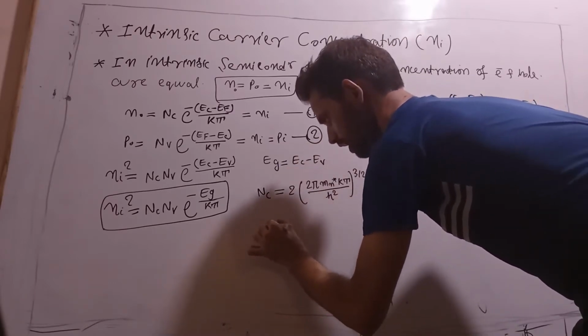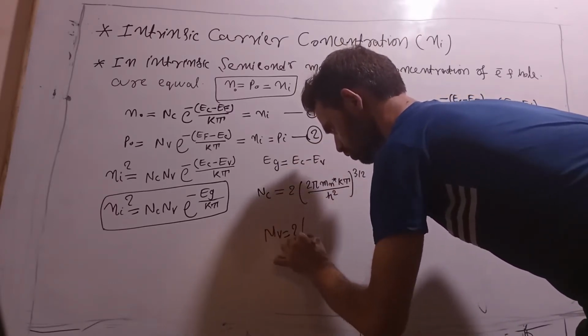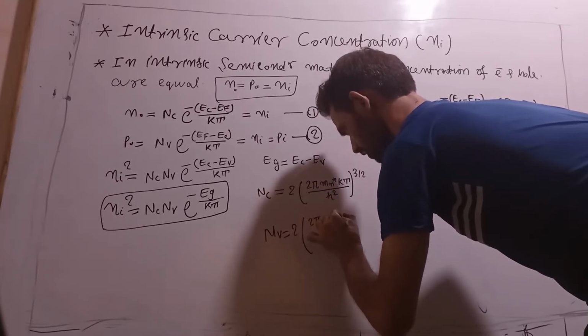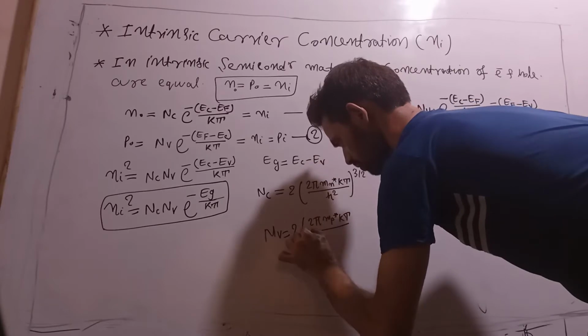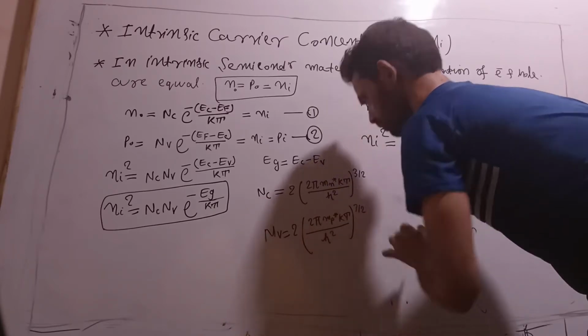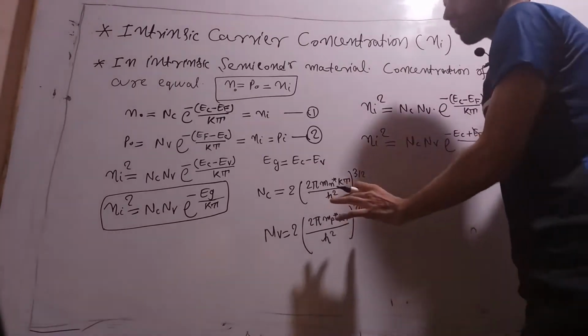And Nv is 2 into (2 pi mp star kT divided by h square) to the power 3 by 2.